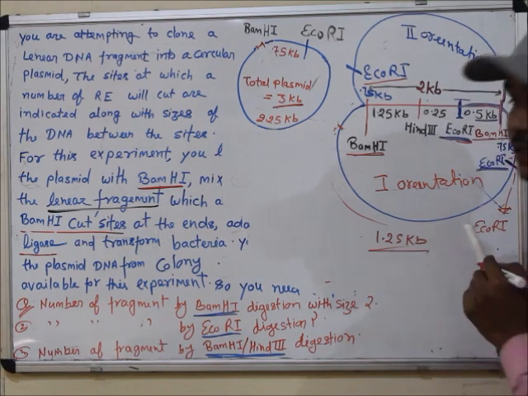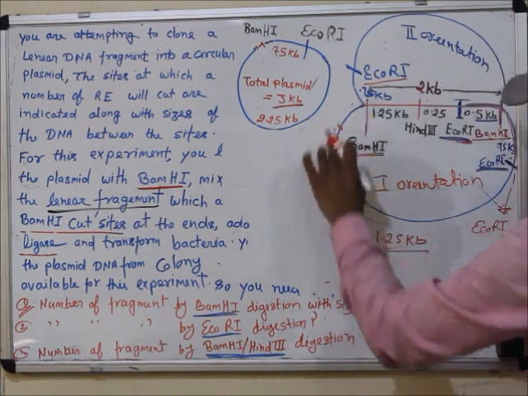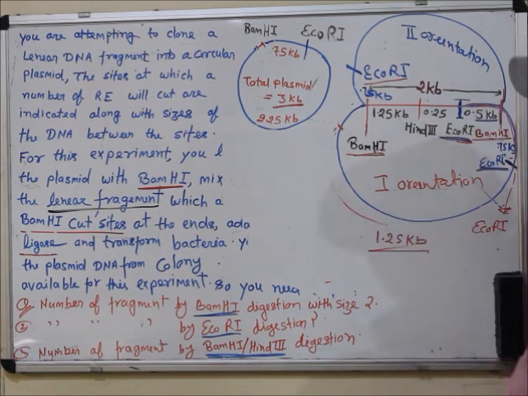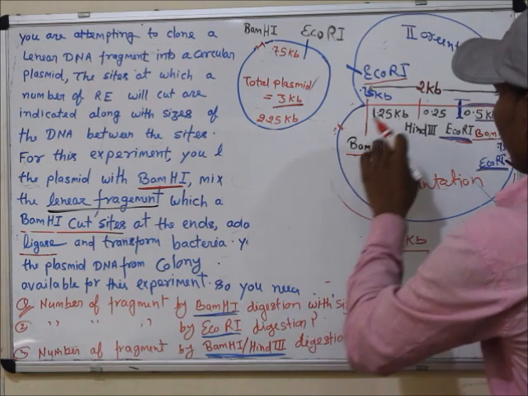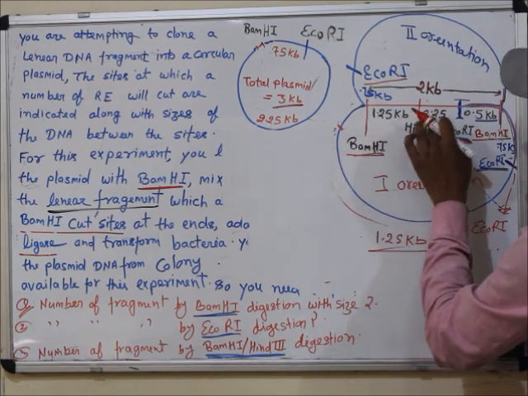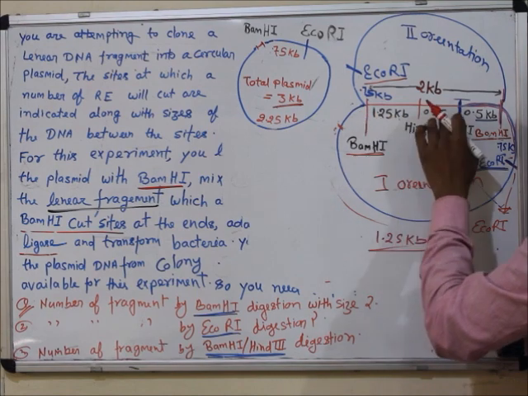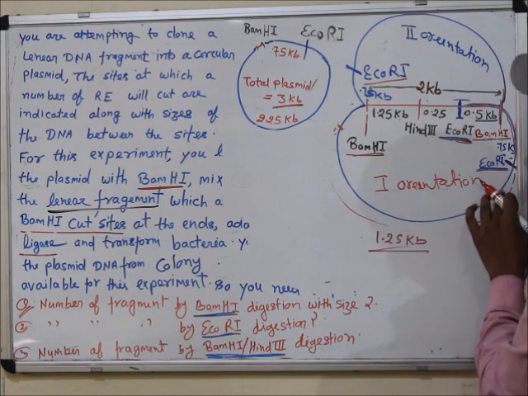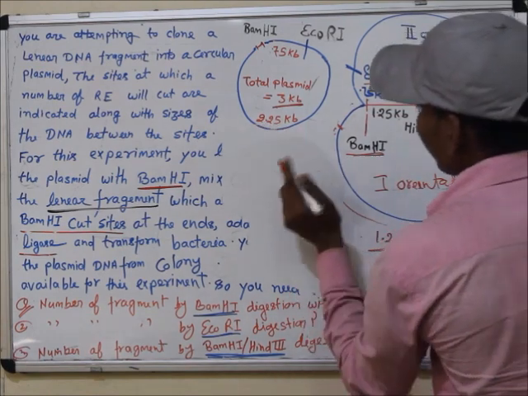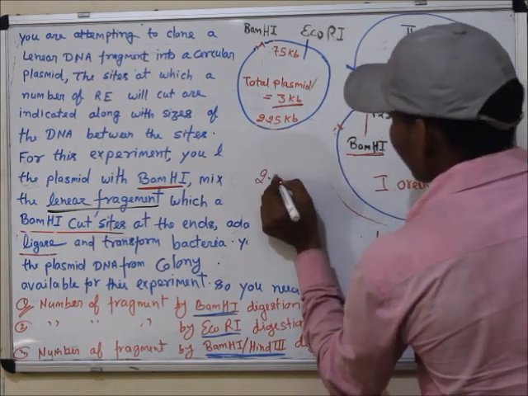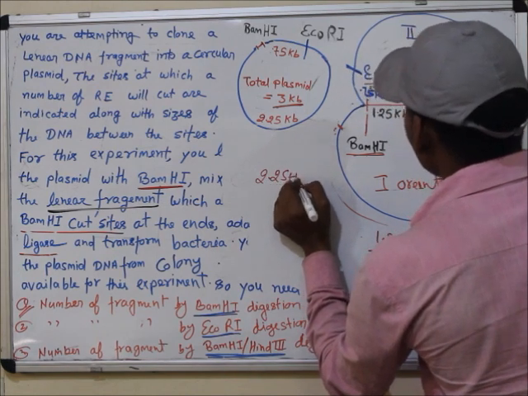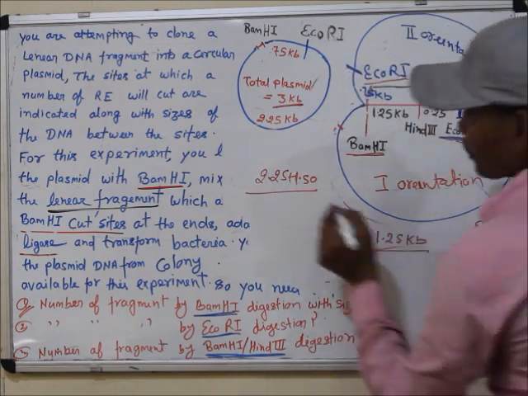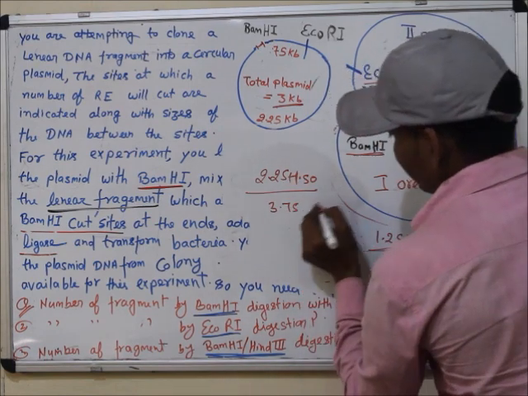That is one fragment, and another fragment is remaining here. 1.25 kb and the remaining fragment: 1.25 and 0.25 is 1.50. And there is 2.25, 2.25 plus 1.50. What will be the total? 3.75 kb.